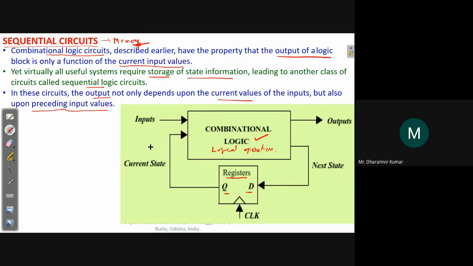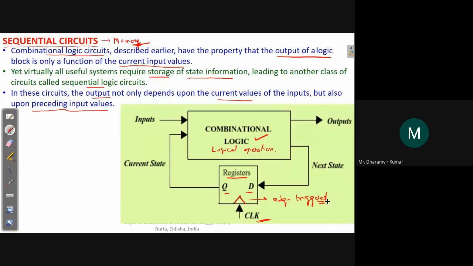So this is a general diagram of a finite state machine. We have a memory in addition to the combinational logic to form a sequential circuit. The memory is operated with the help of a clock signal here. And this small triangle means this is edge triggered.